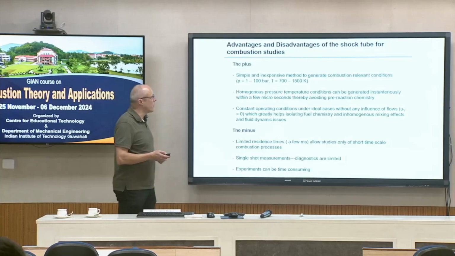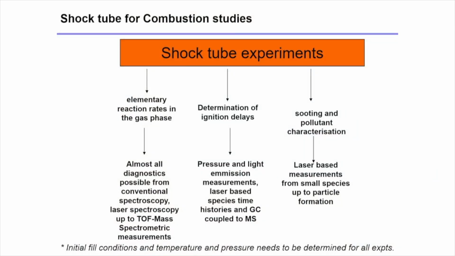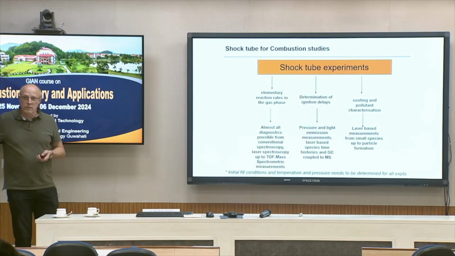So of course some disadvantages. But we can use shock tube experiments to examine elementary reactions, and we can have it optically accessible. So all typical diagnostic methods can be used here. We can determine ignition delays based on different criteria, which, as we have discussed yesterday, is important.